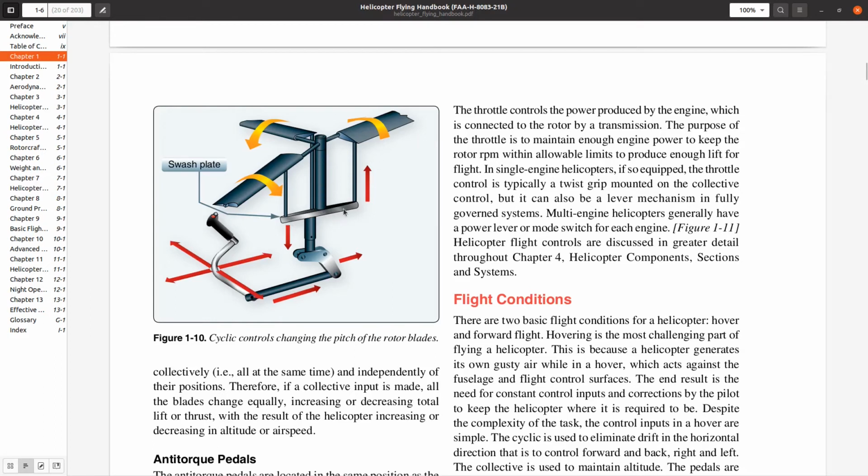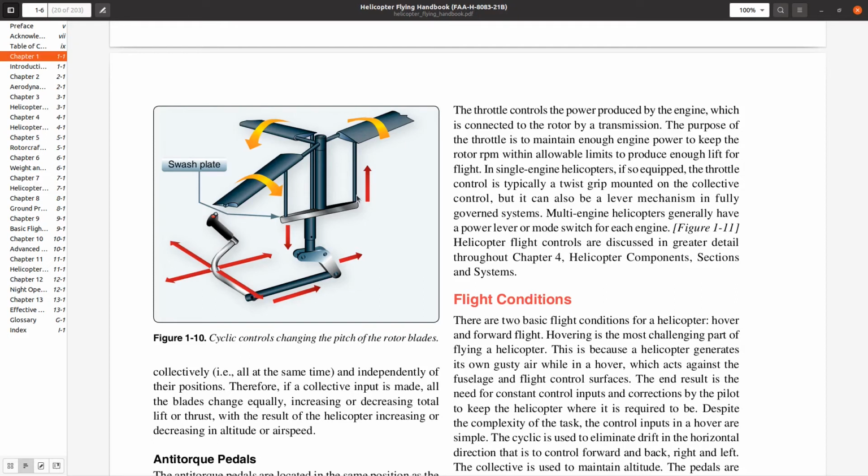So if this plate tilts, it's going to tilt this rotor as those blades spin around. It's really that simple. It's called a cyclic because it varies the pitch of the blades as it goes through a cycle.